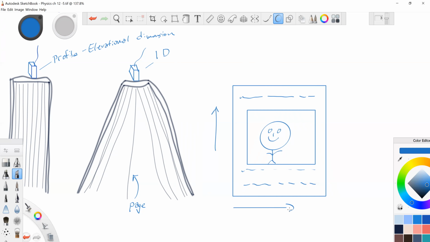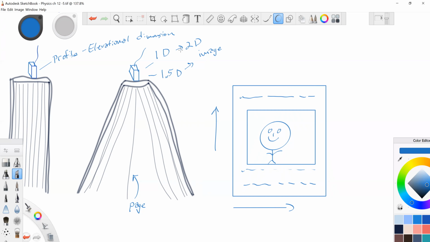So technically 1D makes a 2D image, and actually a 1.5 or 1.5D also makes a 2D image. A three-dimensional picture is made out of a 2D.